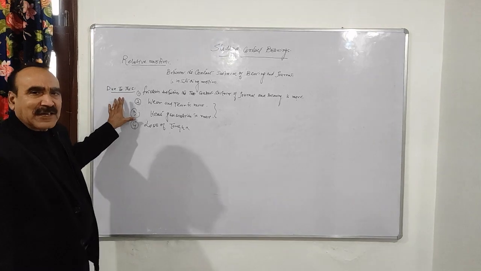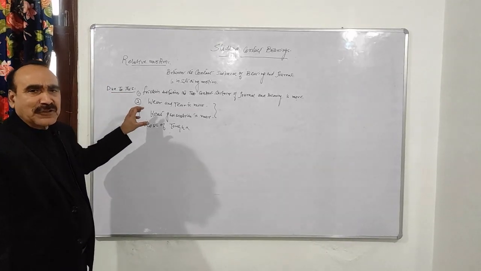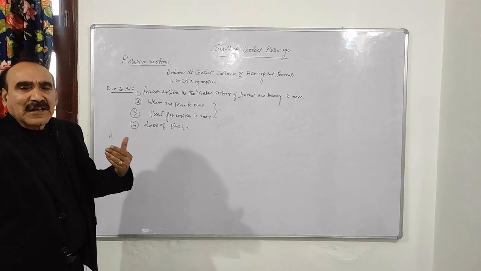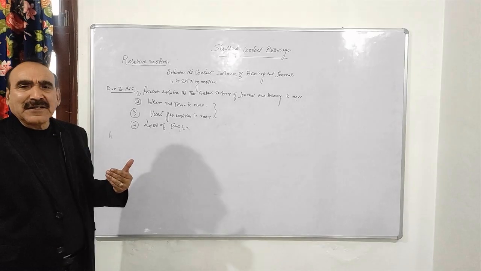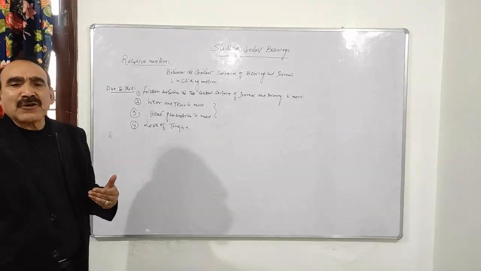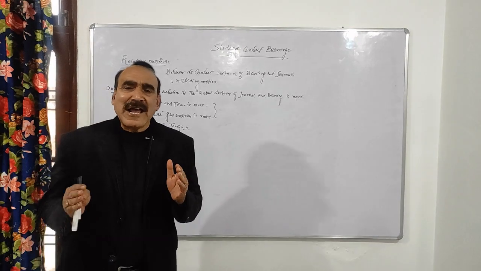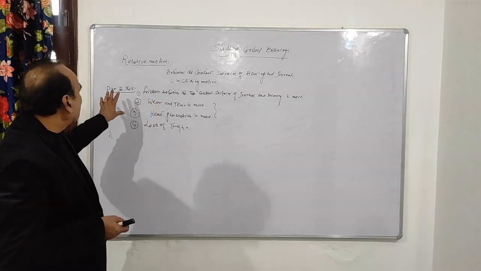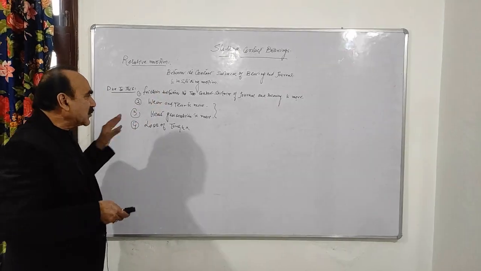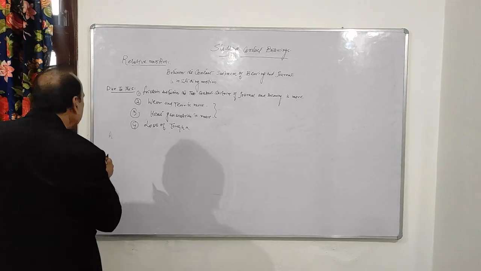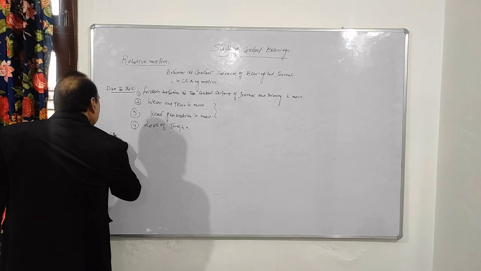The motors which have a very low capacity can use the rolling contact bearing, while in the heavy electrical motors, the sliding contact bearings are used. So this is the application, where it is used.